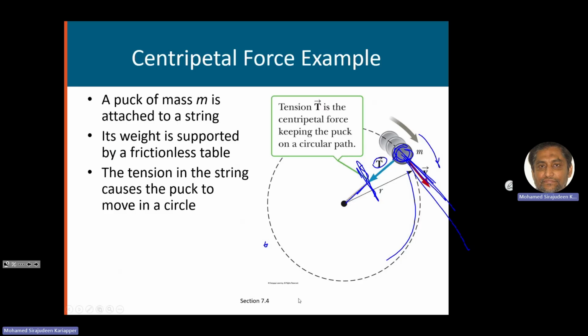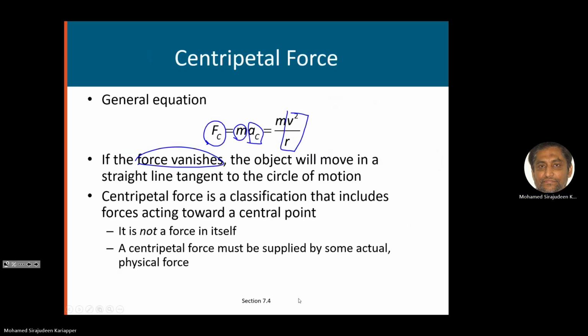So that tells you, if something has to go in a circle, it requires a centripetal force, which is also toward the center of the circle. The moment it disappears, it cannot go in a circle. It will just fly off with whatever velocity it has. It will continue with the same velocity, because there is no force to make it go in the circle.